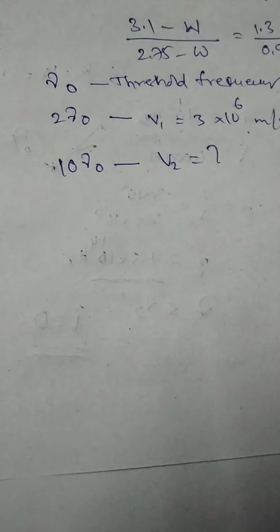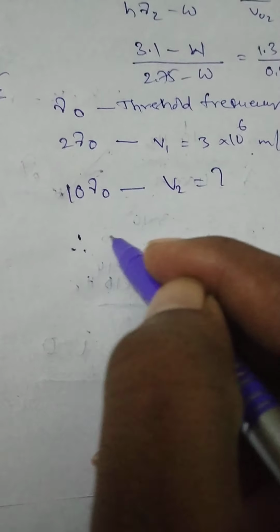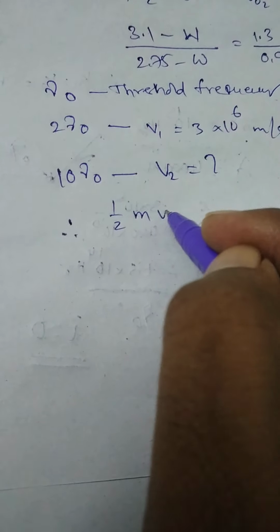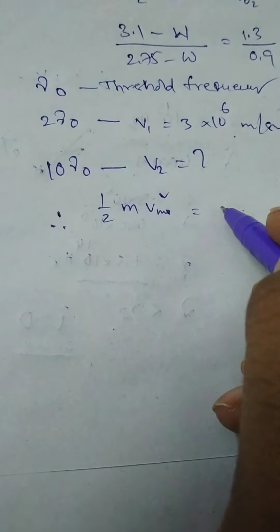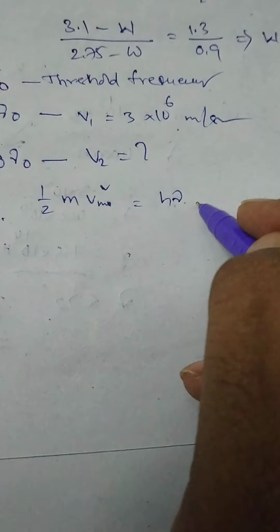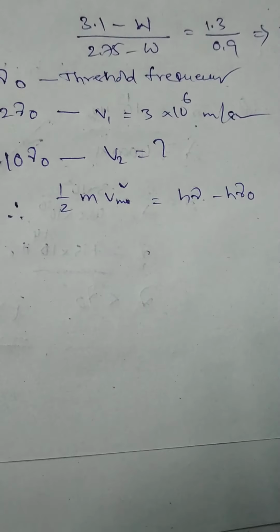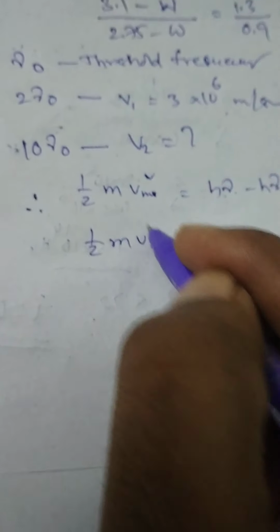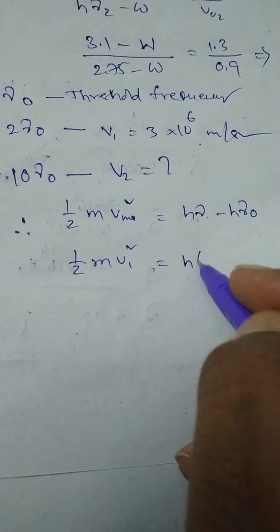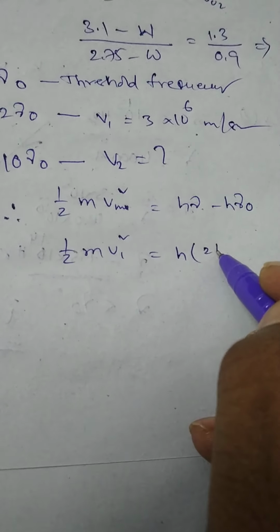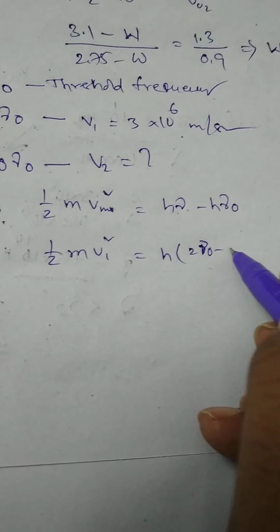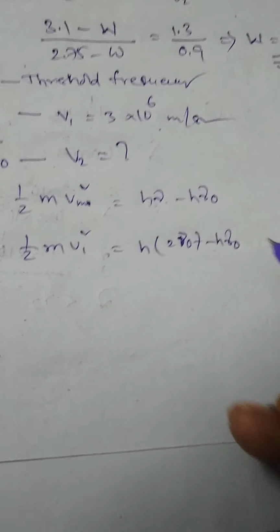Right? So from the same photoelectric equation, half m V maximum square is equal to h nu minus w. W is also equal to h nu naught. In the first case, half m v1 square is equal to h into frequency of the incident photon, 2 nu naught, minus h nu naught.